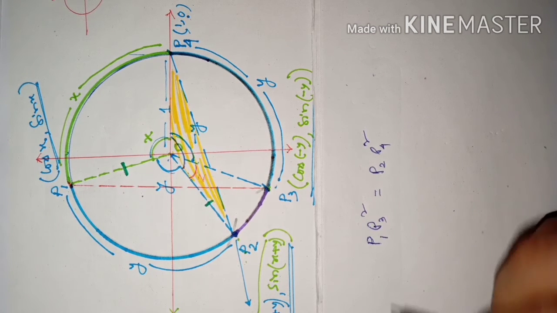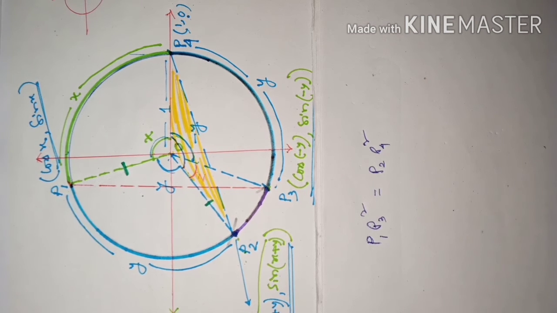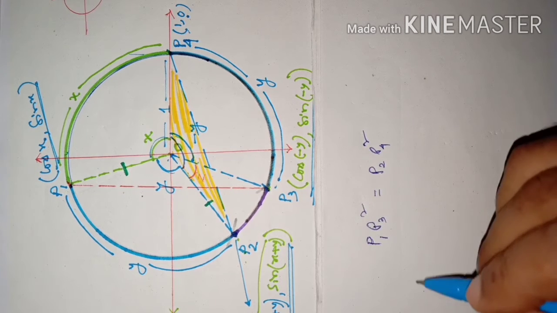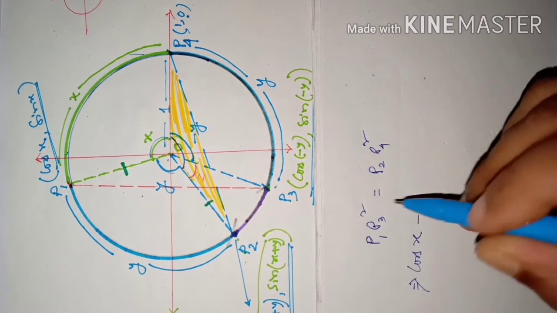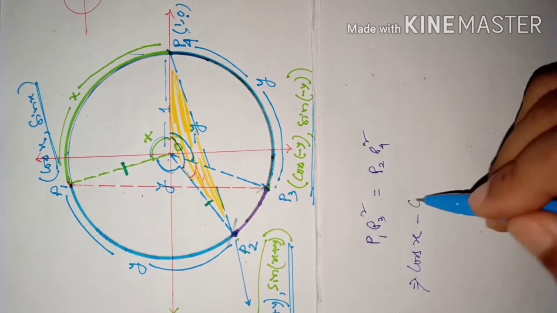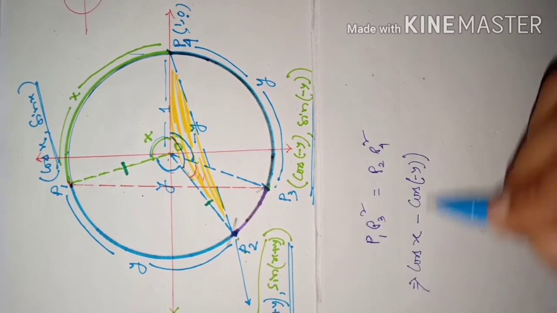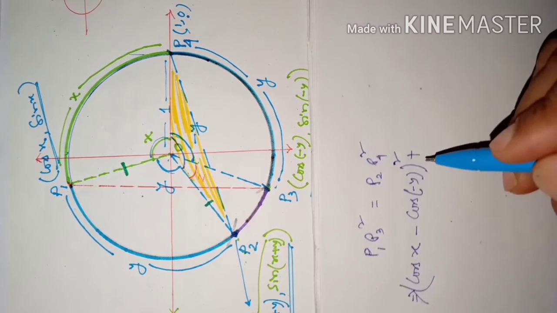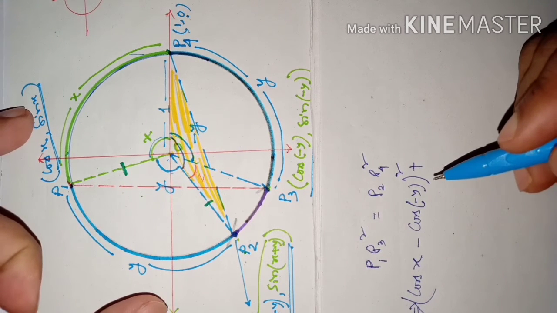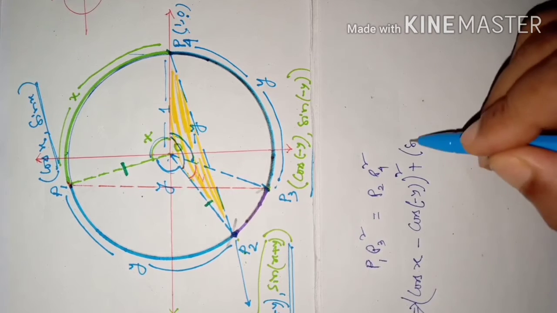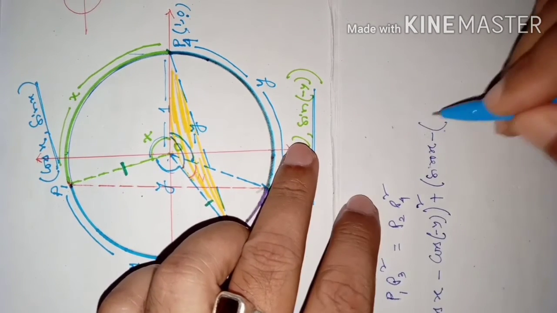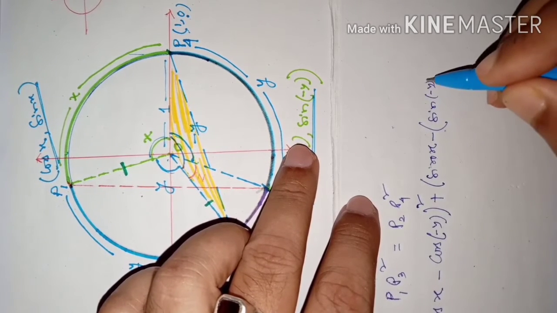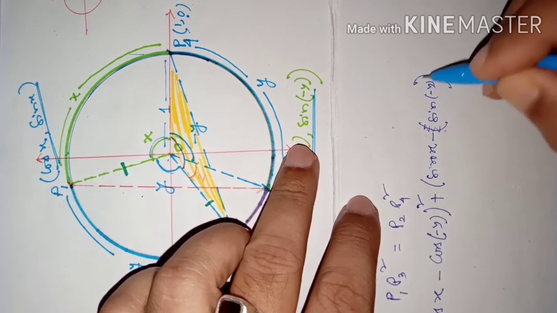So you have to write like this: cos x minus cos of minus y, the whole square, plus then ordinate sin x minus sin of minus y, the whole square.